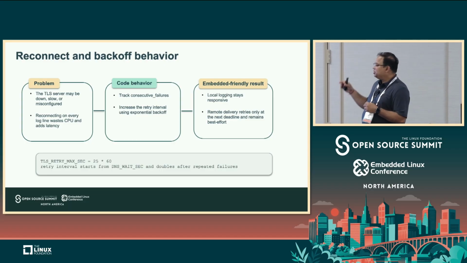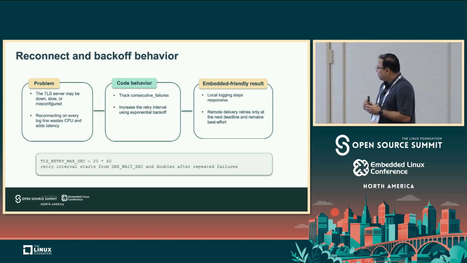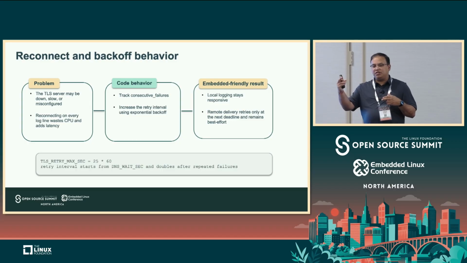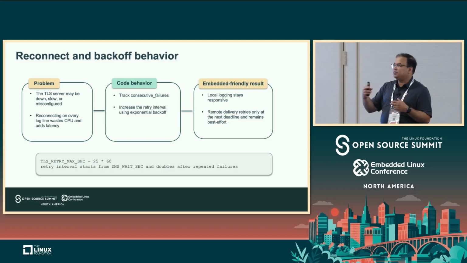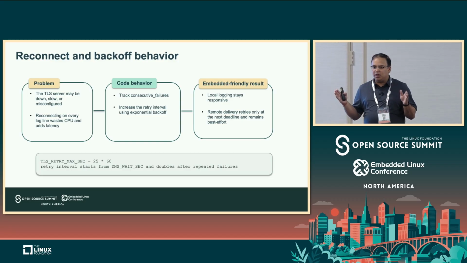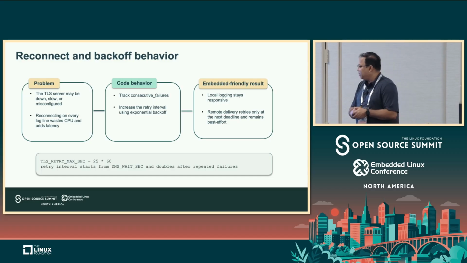So an exponential backoff algorithm has been implemented using the retry mechanism, and every time it is not reachable, the retry interval is twice the previous one, bounded to a maximum limit of 25 minutes. And it is controlled using these two variables mentioned over here.